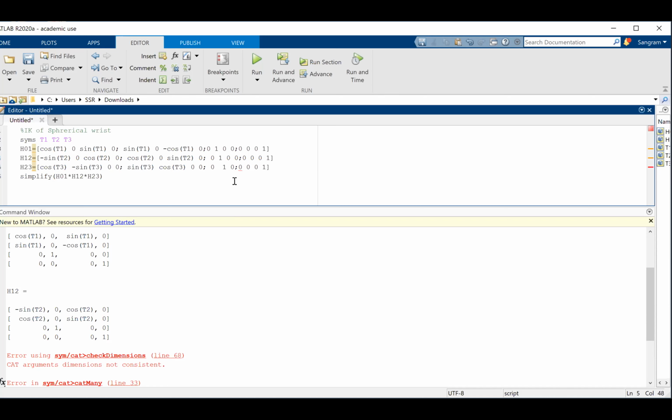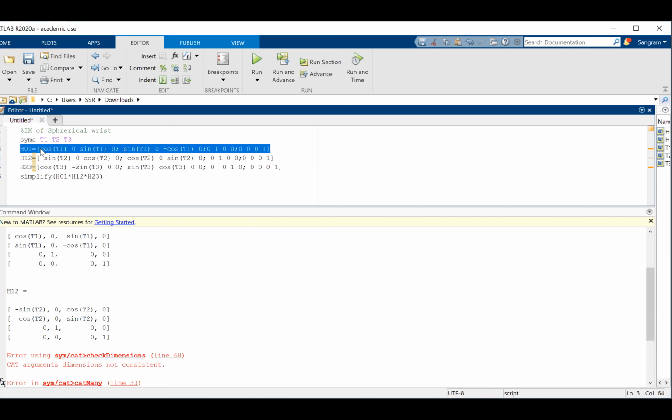The third element is 0, 0, 0, 1, 0, 0, 0, 1, 0, 0, 1, 0, and 0, 0, 0, 1. So H23, I actually made a mistake and now I have corrected it.